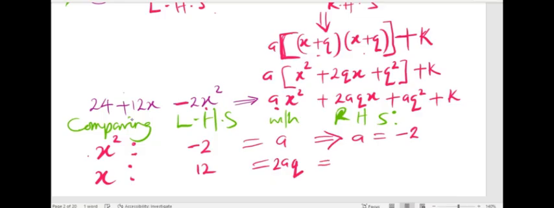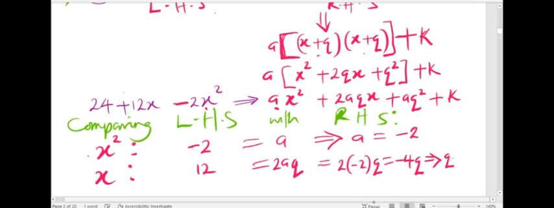This means 2 times minus 2q, or minus 4q. So q is equal to 12 over minus 4, or q is equal to minus 3.